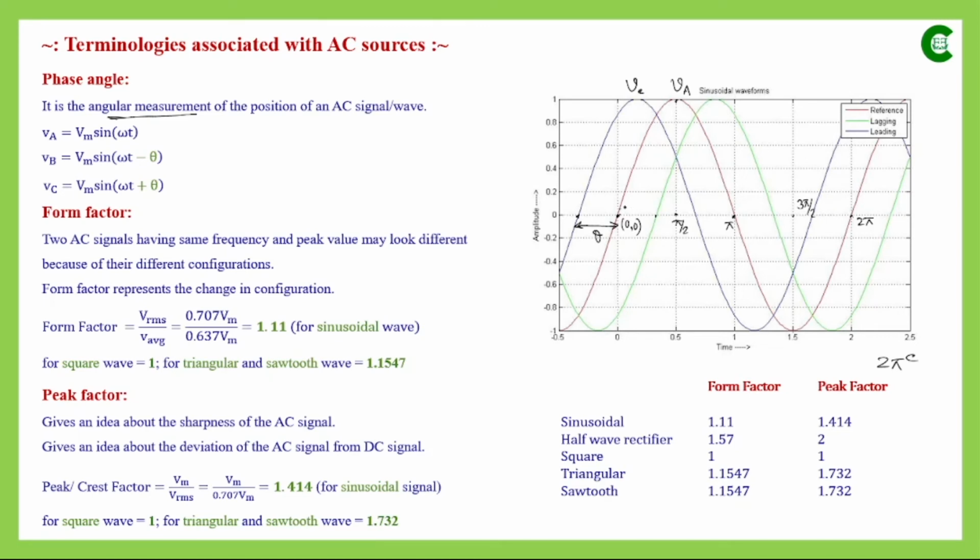And again, if we represent this phase difference angularly by theta, then the instantaneous value of that signal will be represented as Vm sine omega t minus theta, since it has a delayed or lagging phase. So this green waveform is the signal Vb.